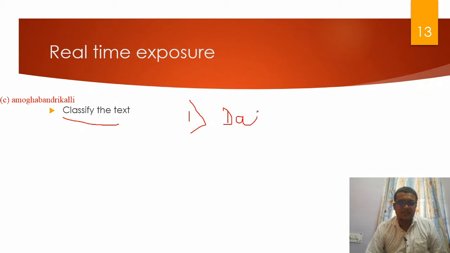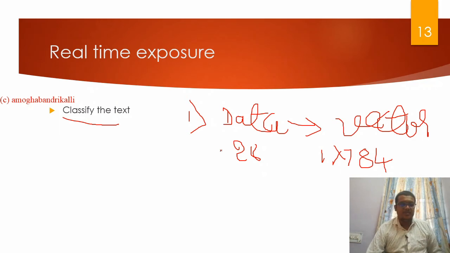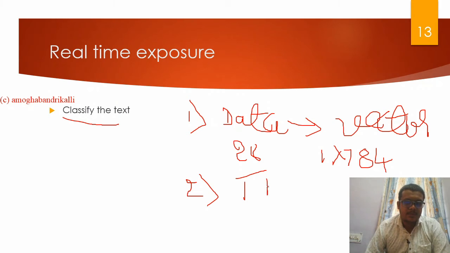First, we will be converting our data to vectors. Single vectors. So if it is 28 cross 28, it will be converted into 1 cross 784 if it is an image like this. The next one, we are converting into vectors. We are using the TF-IDF vectorization method.